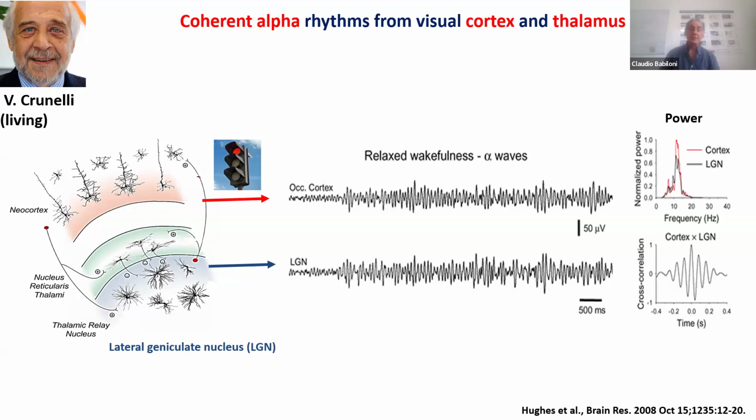What are the generators in the brain of resting state alpha rhythms?